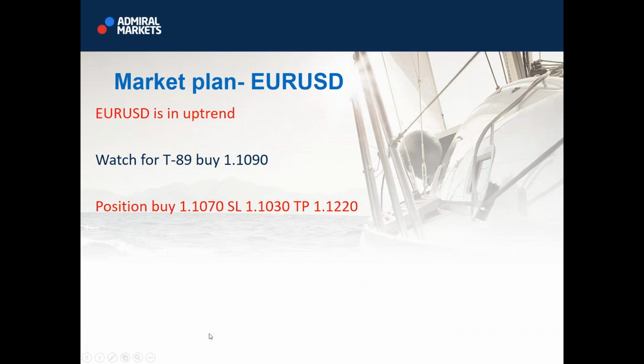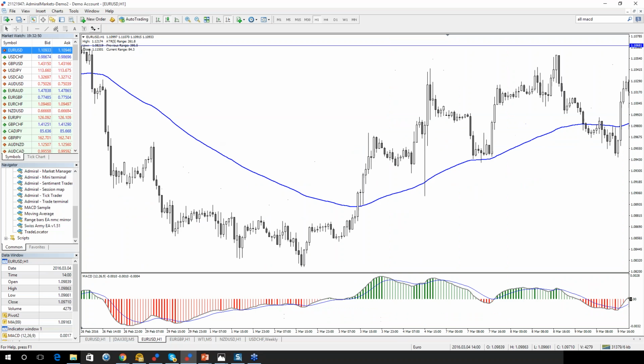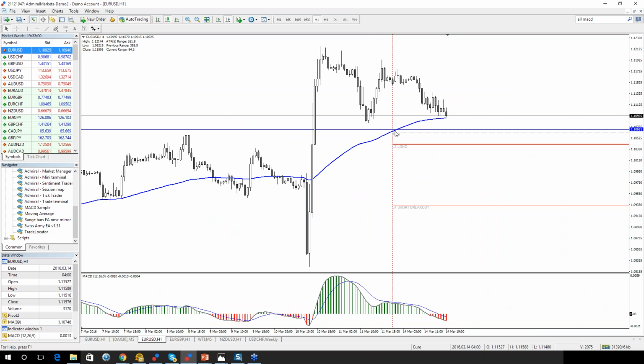So I only have a buy position because, look at this, it's too heavy to the upside. So this could be a potentially good trade. Look at this. This was a bearish retest. And actually at the same time we had a possible retest of this level.